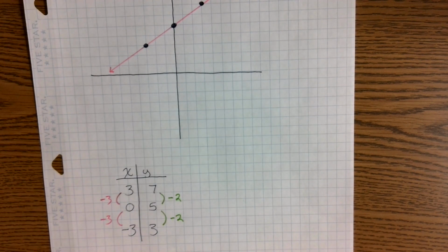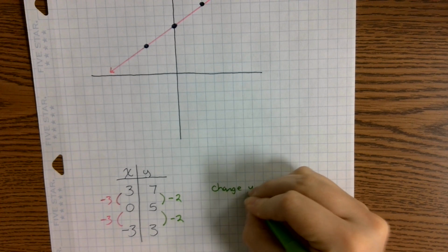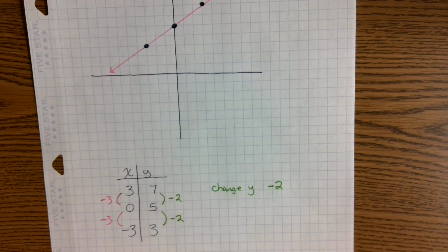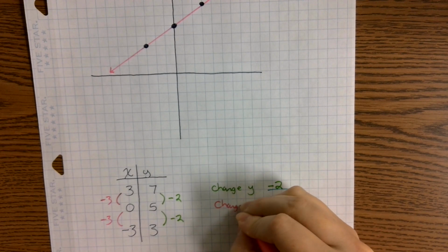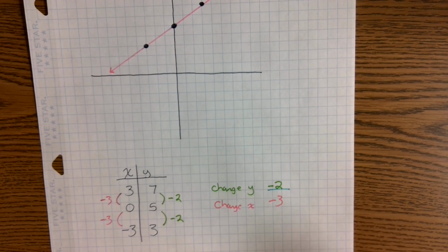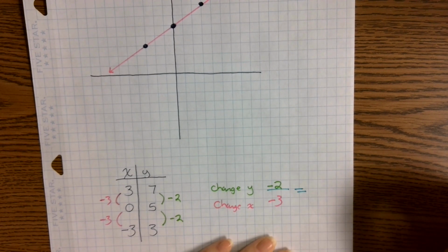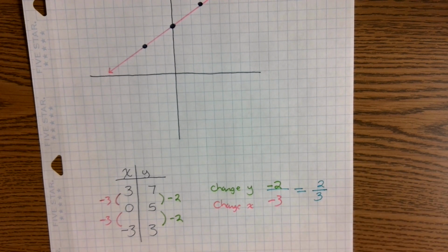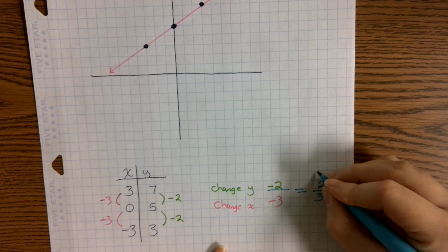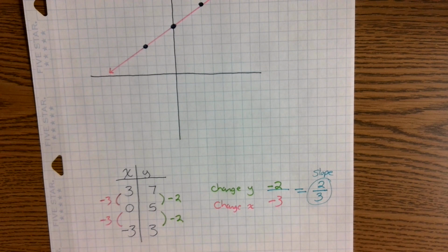So when we do our change of y being a negative 2 over the change of x being a negative 3, a negative over a negative is what? What's a negative over a negative, guys? A positive. So this is a positive 2 over 3. So this would be our slope, or our constant rate of change. Our slope is going to be 2/3.